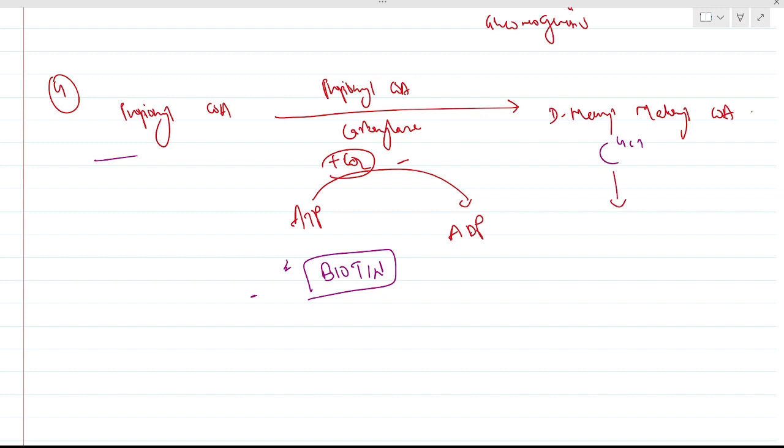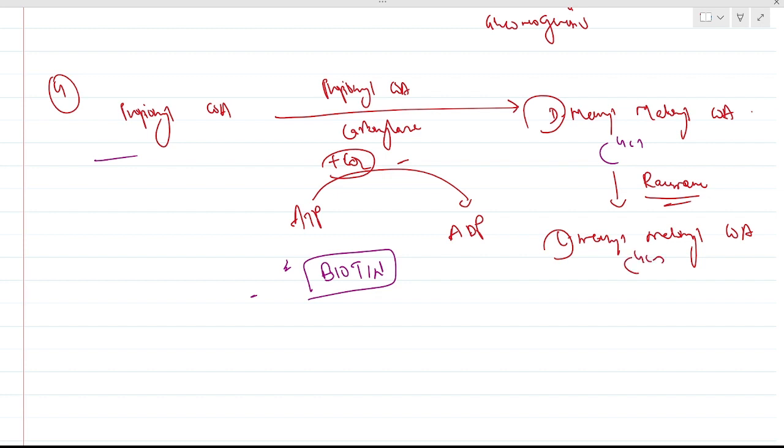This is getting converted with the help of the racemase enzyme to L-methylmalonyl coenzyme A. L form and D form with the help of the racemase enzyme.